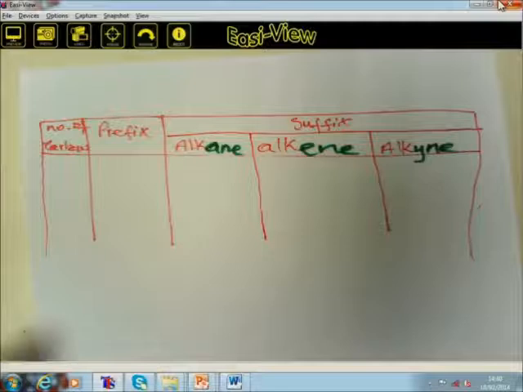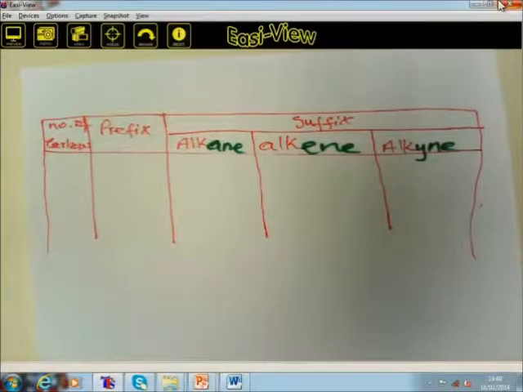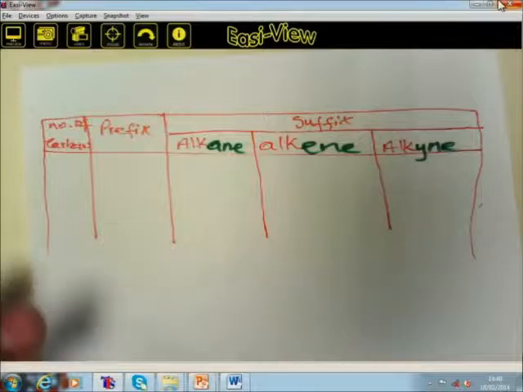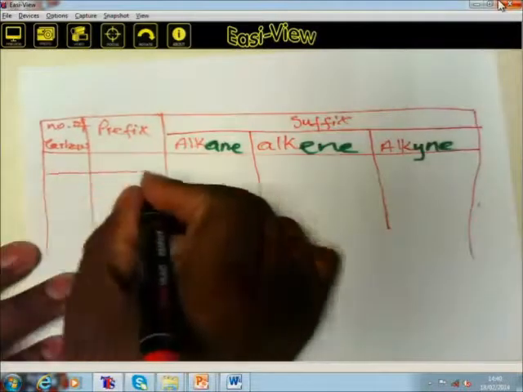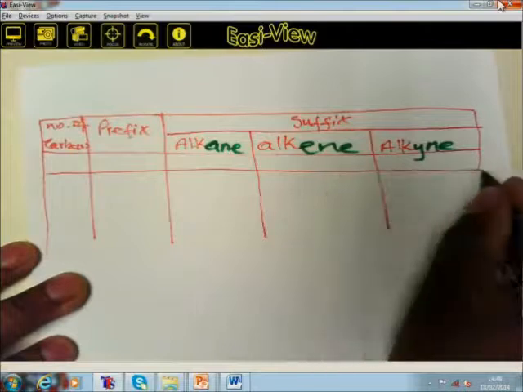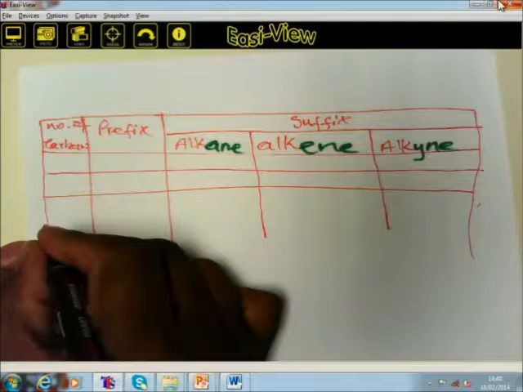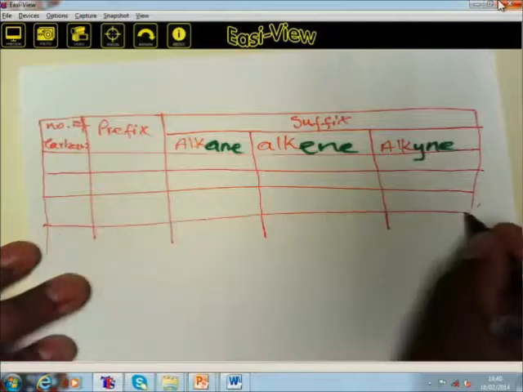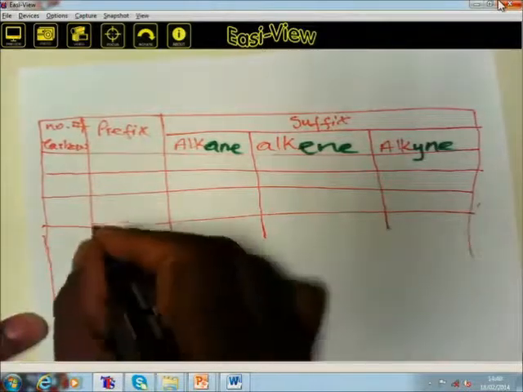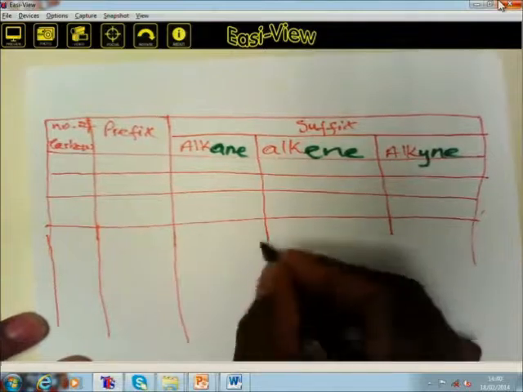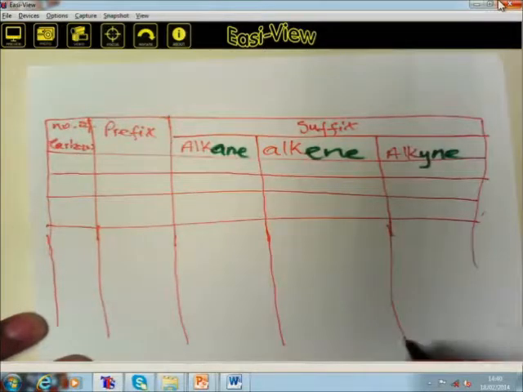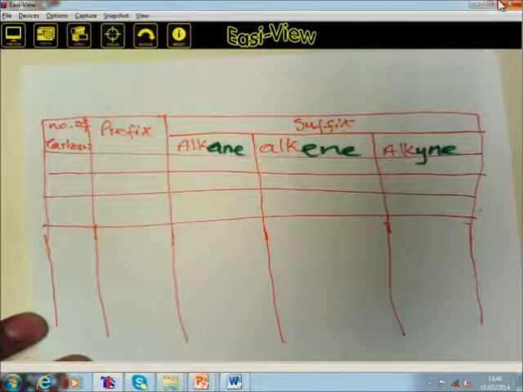And when you are done drawing this table, let me give you a few seconds to draw the table so that I don't leave you behind. Okay, I believe you are where I am now.